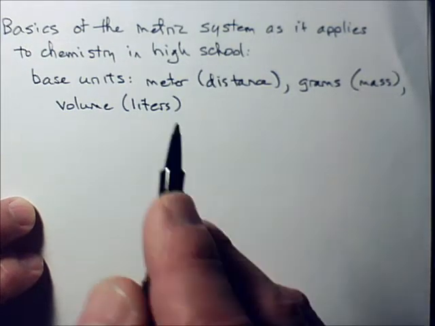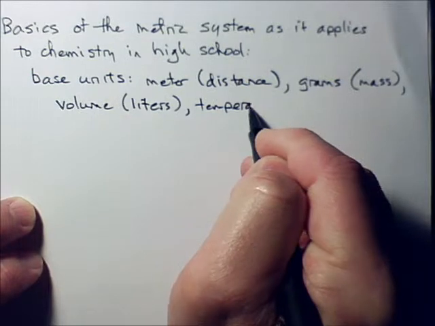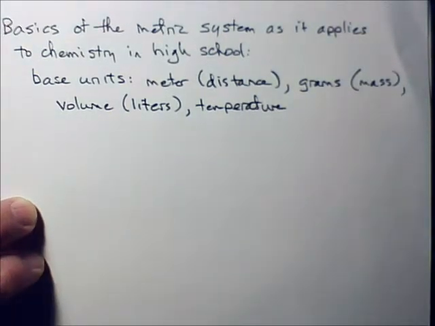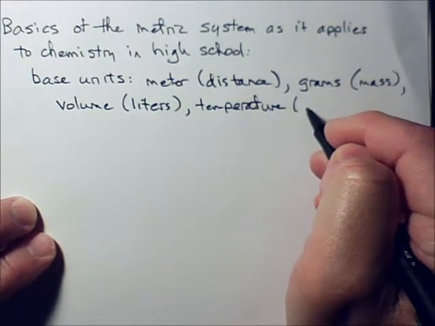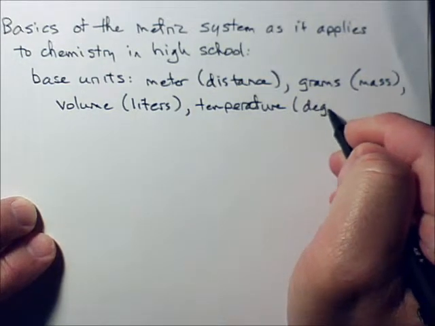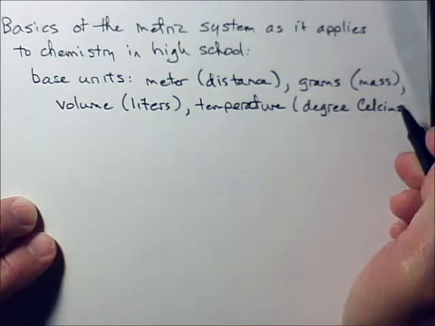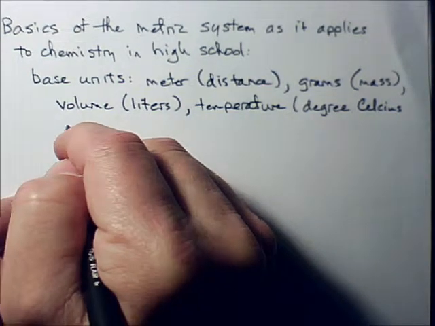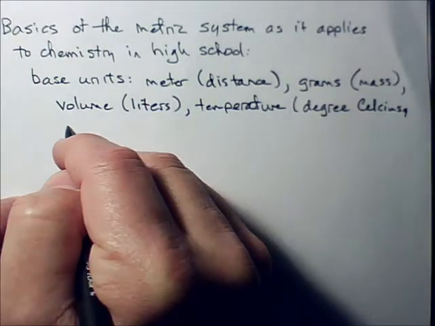And so let's see, temperature. We don't very often use prefixes for temperature, but there are actually 2 units that are used for temperature in chemistry. It's degrees Celsius, or sometimes, let's see, centigrade it's called.